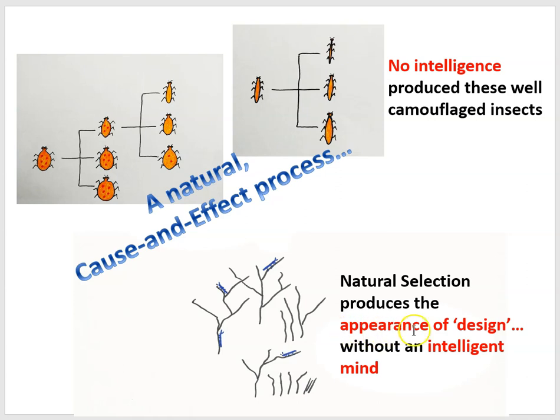Notice that qualification, an appearance of design. So the special creation believers, the Christians, would have said, well, this is actual design. There was an intelligent mind that thought up this body shape and then produced the body shape to serve a purpose, camouflage. Darwin's arguing, well, they appeared to be designed, but it was a non-intelligent process, a cause and effect process, a natural process.